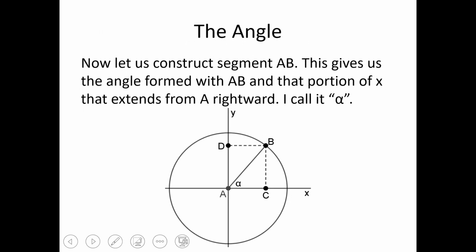And then the third part of the story is this: we have created an angle. Well, of course, we've created multiple angles, but the angle that we care about is the angle formed by that portion of X that goes from A to the right, that ray, that half line from A along X to the right, and AB. That's the angle that we care about. Wherever B happens to be, that's the angle that we'll consider.